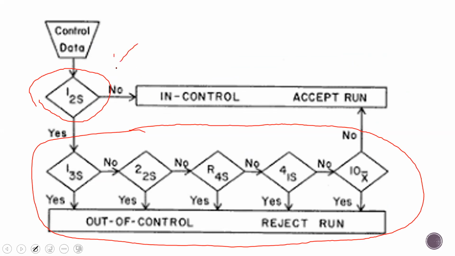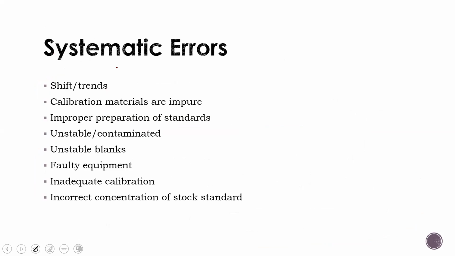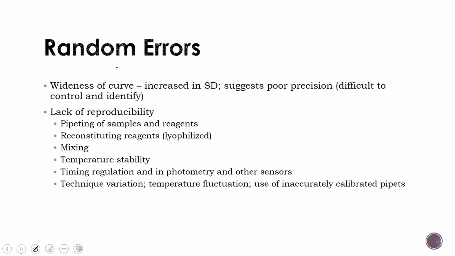Remember, this is just a warning. It's not an error. So what are the systematic errors? And dito siya. What are the random errors? Na yan, nandyan siya. So I will be discussing to you kung paano gumawa ng quality control chart, kung paano yung computation on the next video.